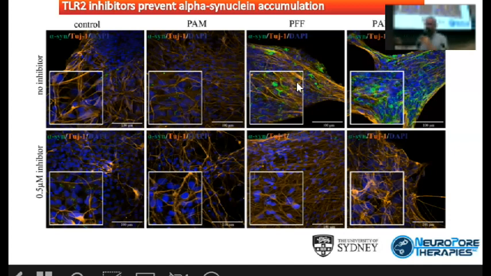And again, following the similar pattern, the green is labeling the alpha-synuclein protein. We have some controls. Then we trigger our Parkinson's disease with our trigger to initiate the green protein. But again, here we treated the cells with the drug, and the drug clearly is reducing or even preventing the green signal from occurring. So that's the kind of thing we use these preclinical models for.